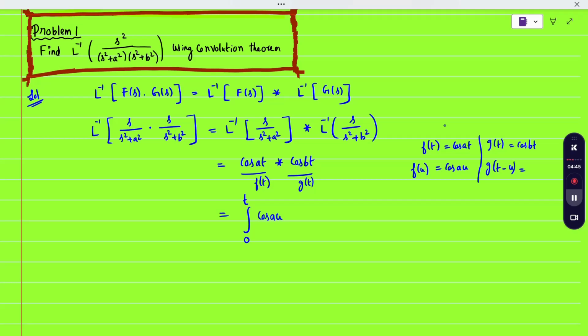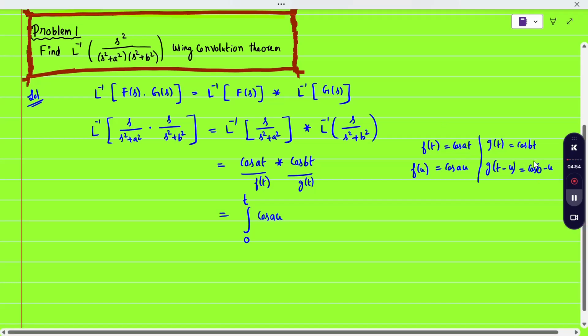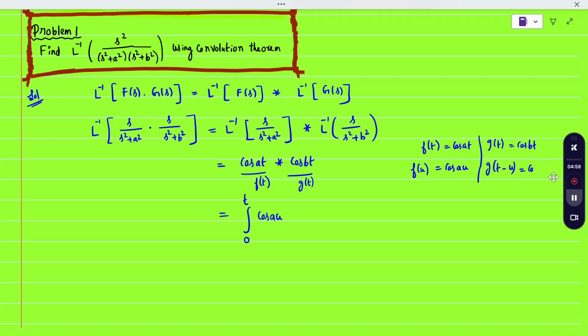So cos of b into t minus u. Cos of b as it is, instead of t, t minus u. This is the way I have to write it.